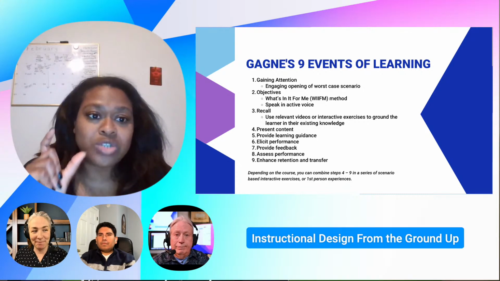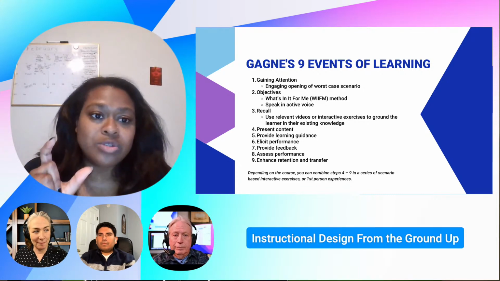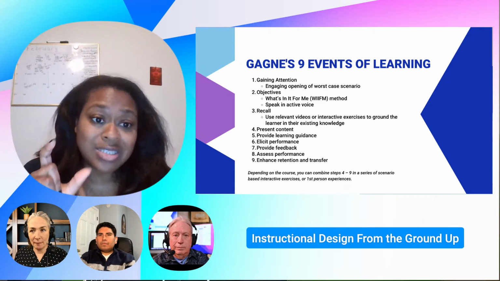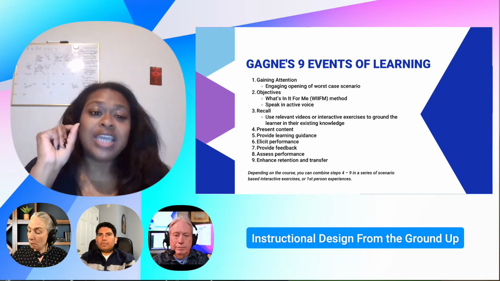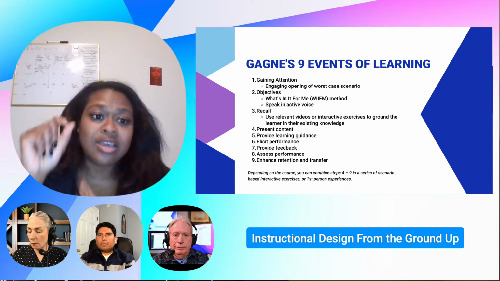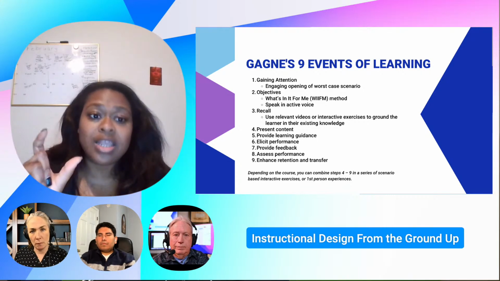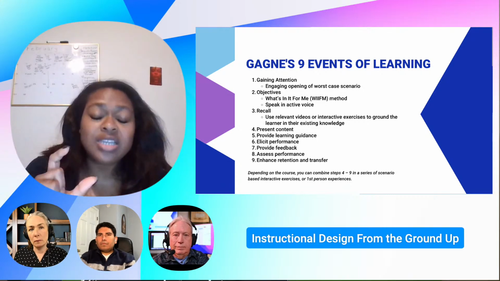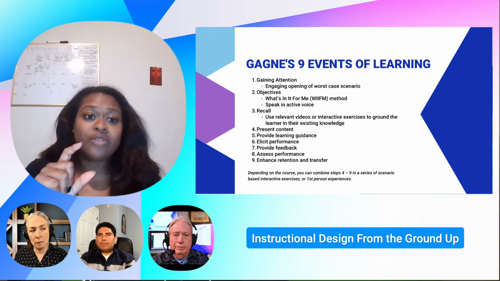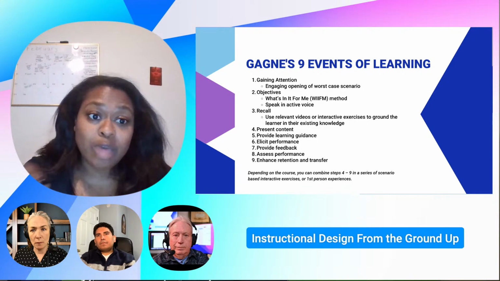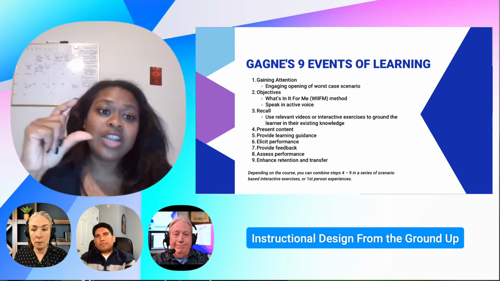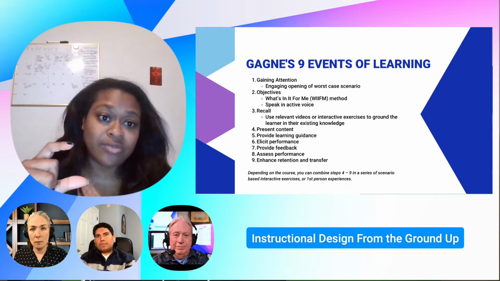So typically we try to encourage modules no more than 20 minutes in length. If you can grab someone's attention and teach them something and have them apply it or practice it in an e-learning space in less than 20 minutes, the chances of the Ebbinghaus curve, which is the amount of time it takes for someone to forget a piece of knowledge, it really affects that in a positive way.